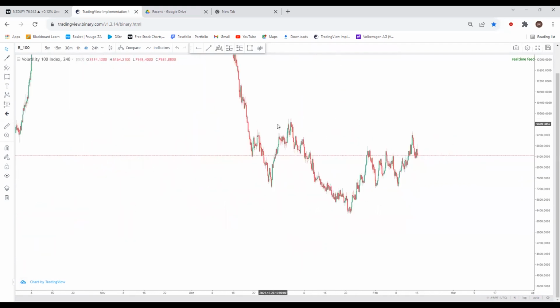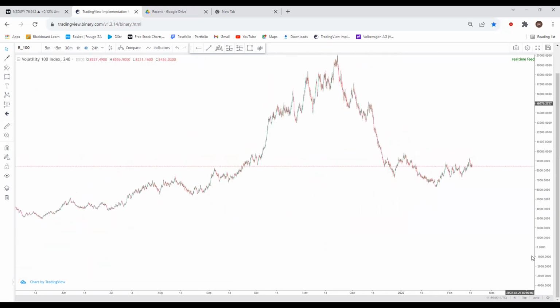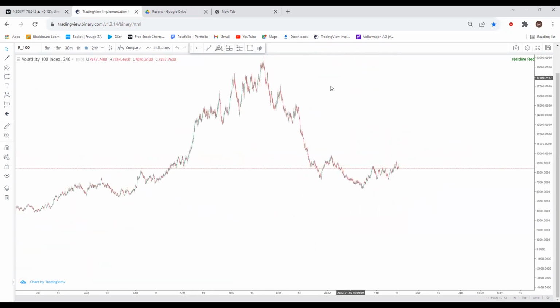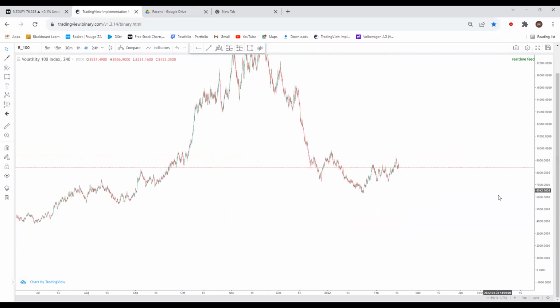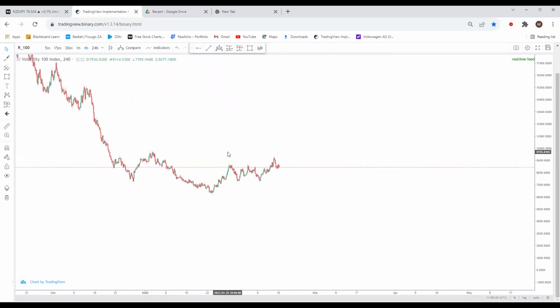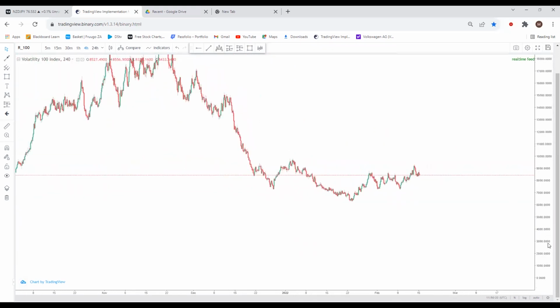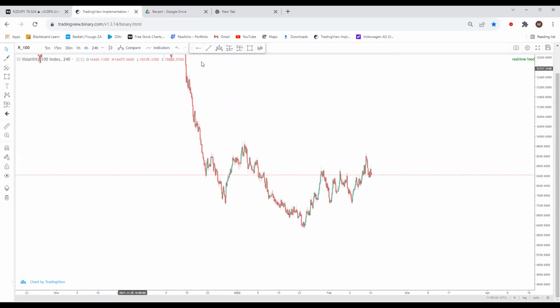You can see we had a huge run to the downside, and now we are having more or less a correction, but the market could just turn and recover to the upside. We're going to trade within this channel or correction. As you can see, it is going sideways.